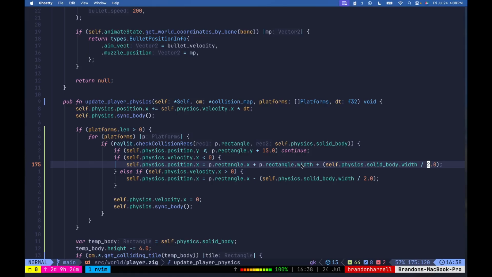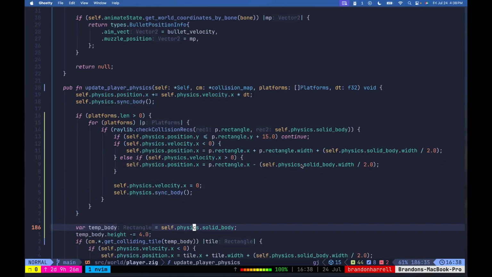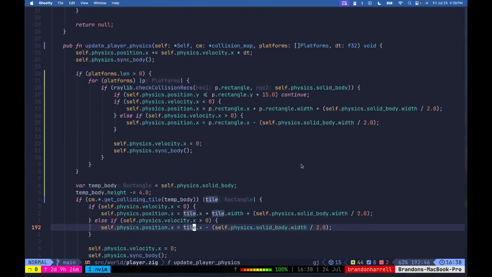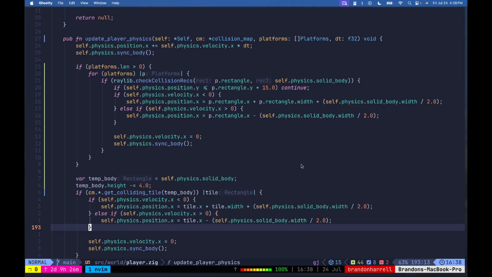Then you add it to the width divided by 2, right? So that is what gets you the lower part of the character's body, basically. So yeah, it is quite annoying to deal with.